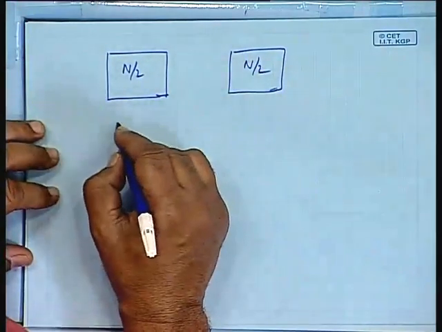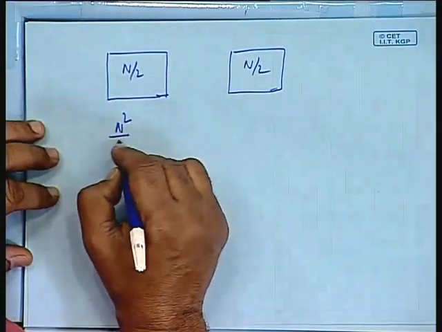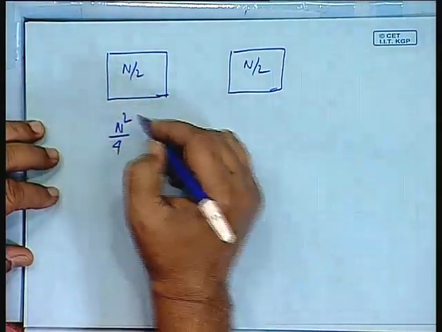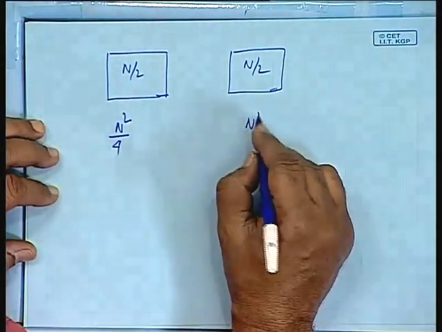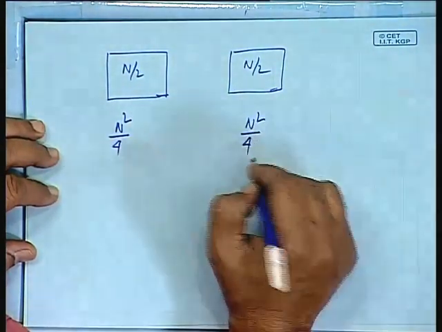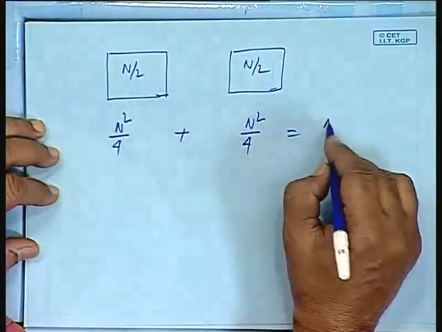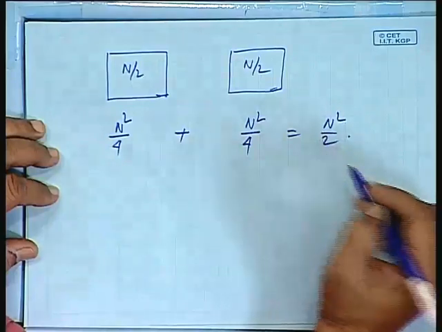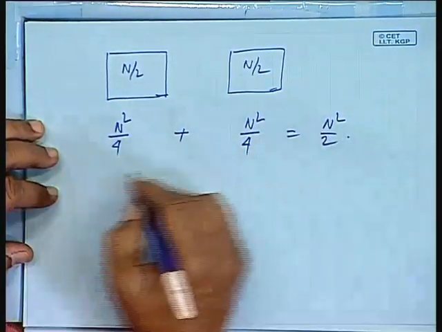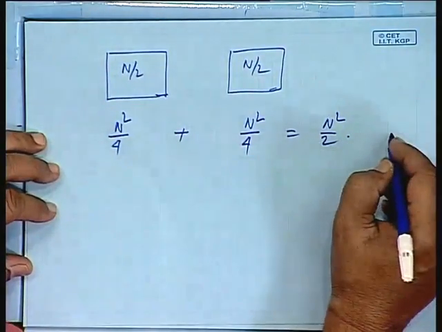Then how many multiplications are there? N by 2 squared, again n by 2 squared. So, this plus this, so many additions, that means n square by 2. Okay. So, this is the number of multiplications.